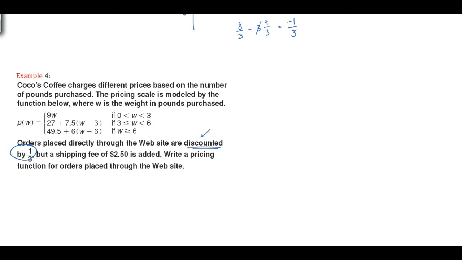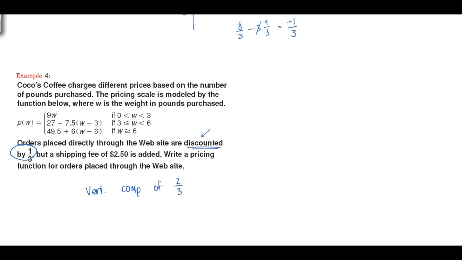In other words, if you get 1/3 off, you're paying for 2/3. So we're going to call that a vertical compression of 2/3, because they will still pay 2/3 of the price.